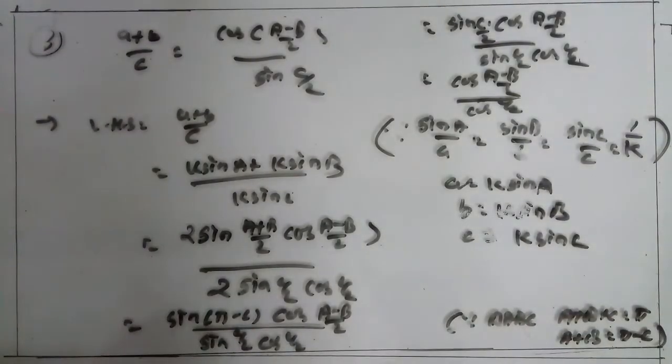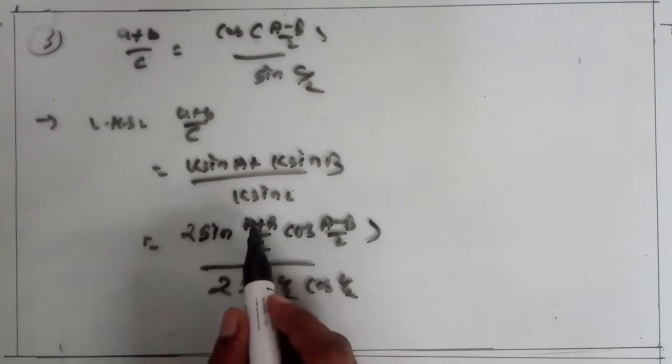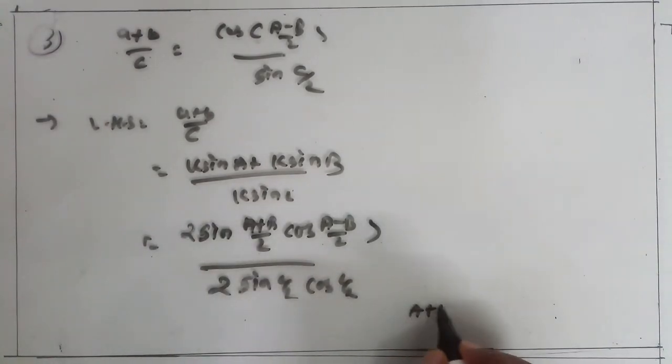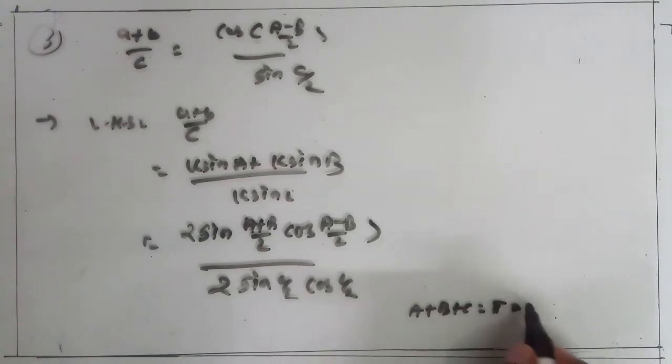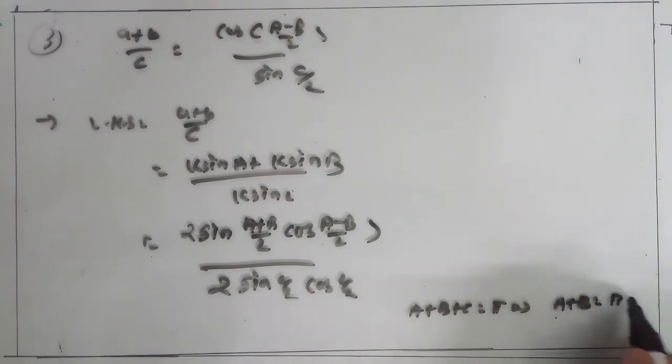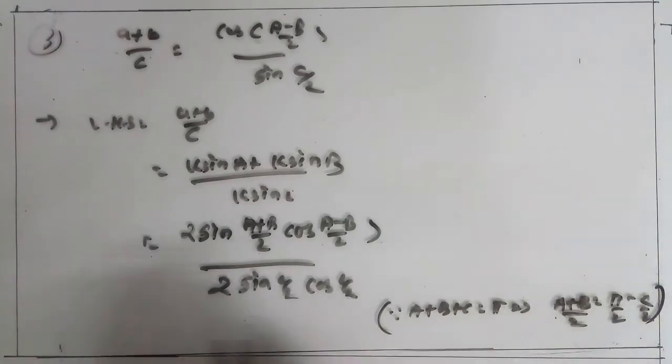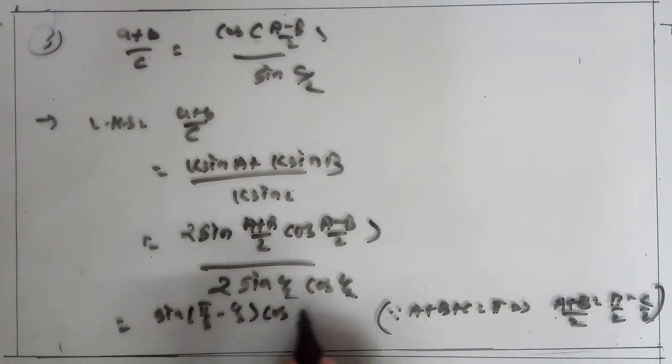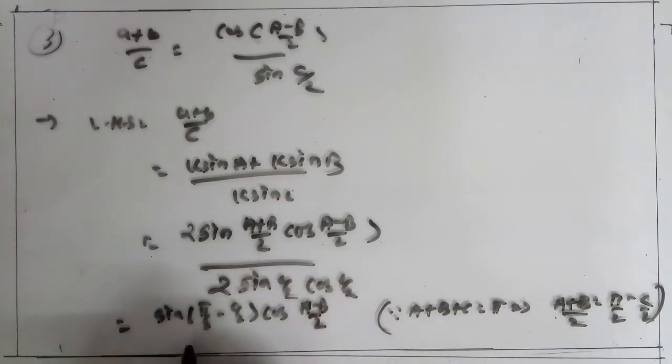Now here, in a triangle ABC, we know that A plus B plus C is equal to pi. So this implies A plus B is equal to pi minus C, and by 2, so A plus B by 2 is equal to pi by 2 minus C by 2. Clear? So 2 cancels from both, sin of (pi by 2 minus C by 2) into cos of (A minus B) upon 2, upon 2 sin C by 2 into cos C by 2.